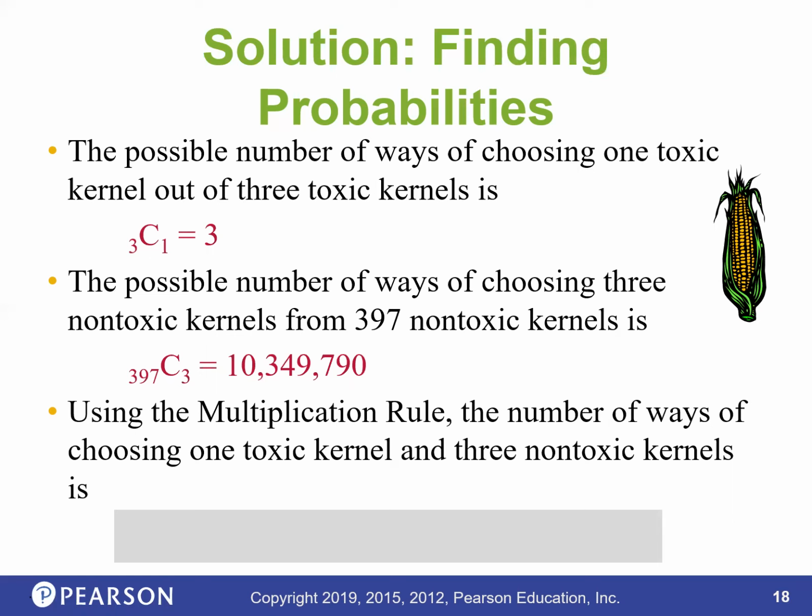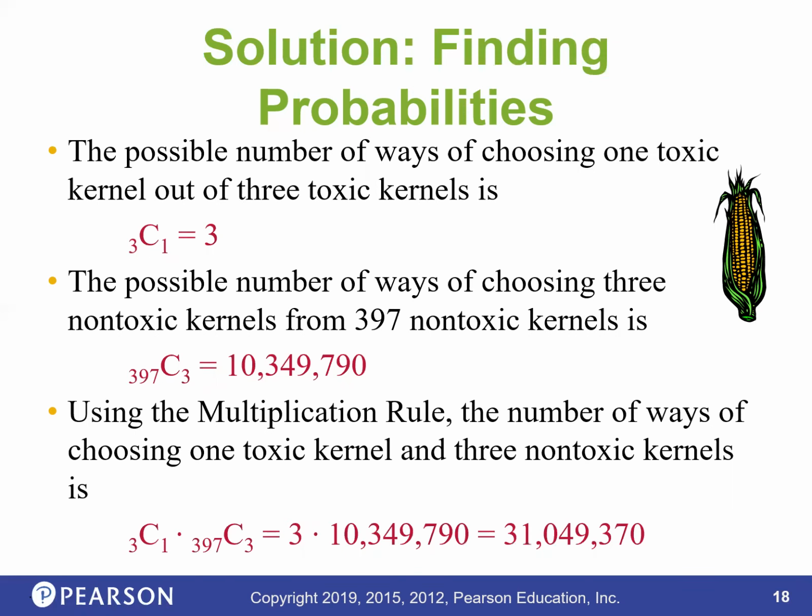Using the multiplication principle, the number of ways of choosing 1 toxic kernel and 3 non-toxic kernels is, let's see, choosing 1 toxic kernel, then choosing 3 other ones that are non-toxic, because you have to choose not from the 400, you have to choose from the 397 non-toxic kernels. It'll be 3 times that. So now 31 million different possibilities.